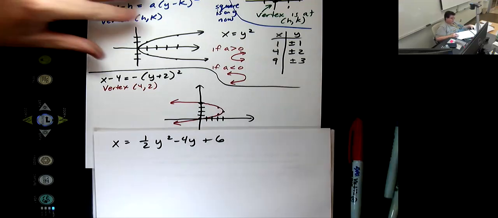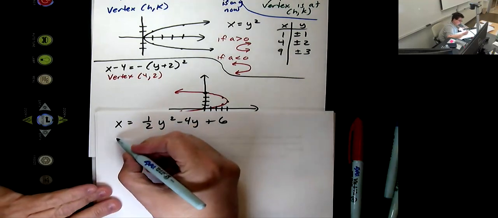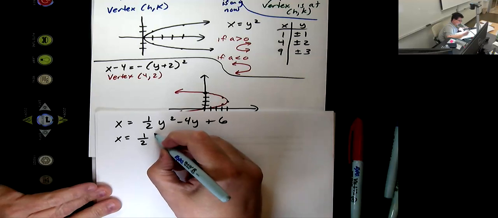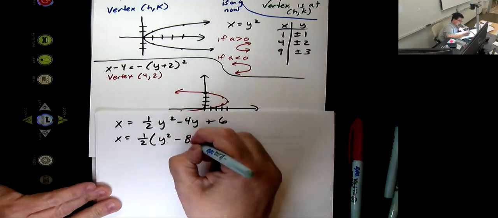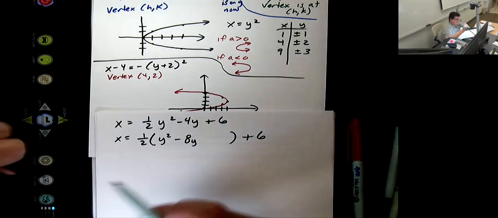Now, we can find the exact formula for this in that format up here if we complete the square. Completing the square in this regard means factoring out the 1/2. And we're going to have y squared minus 8y. And then I'm going to leave a blank and I'm going to have my +6 over here.